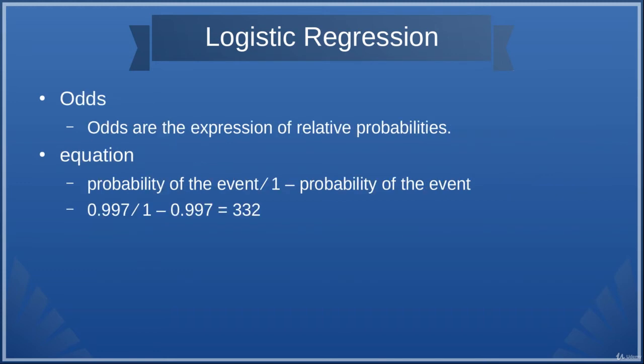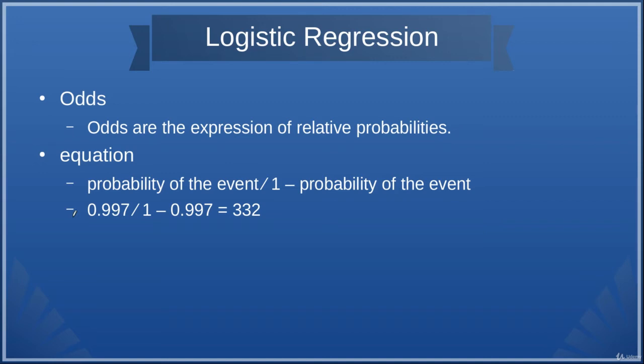So, having said that, we know what probability is now. Let's take a closer look at what odds are. Odds are the expression of relative probabilities. And right here we have the equation: the probability of the event divided by 1 minus the probability of the event. Let's see if we can make this simple.